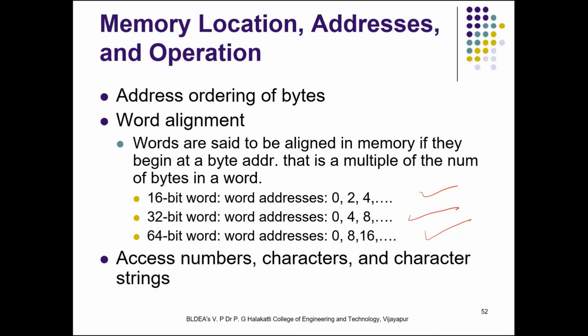Already in C we have used slash 0 to indicate a null character, that is the end of the string. Right. This is how we can access numbers, characters or character strings.